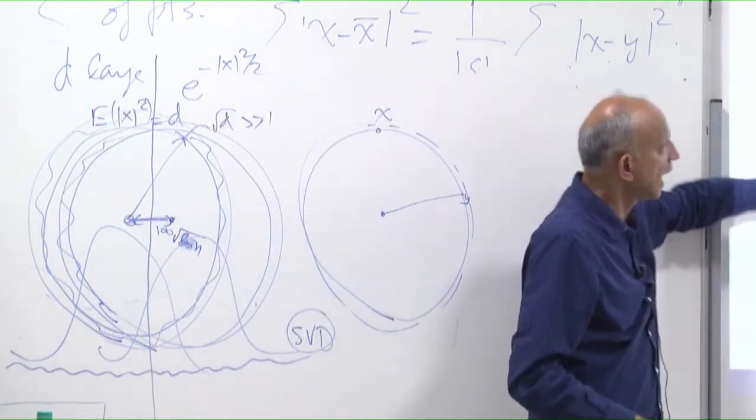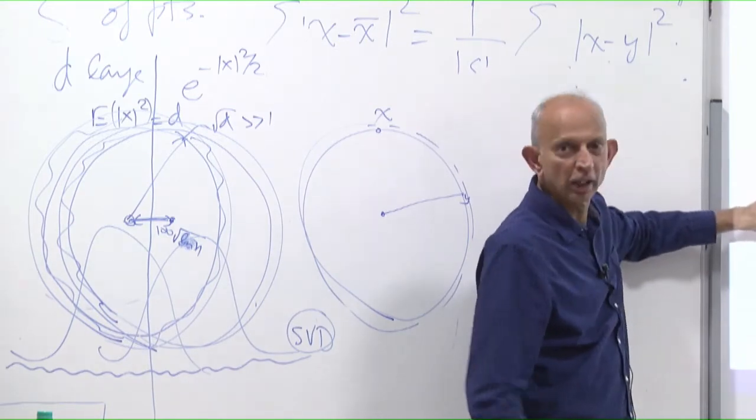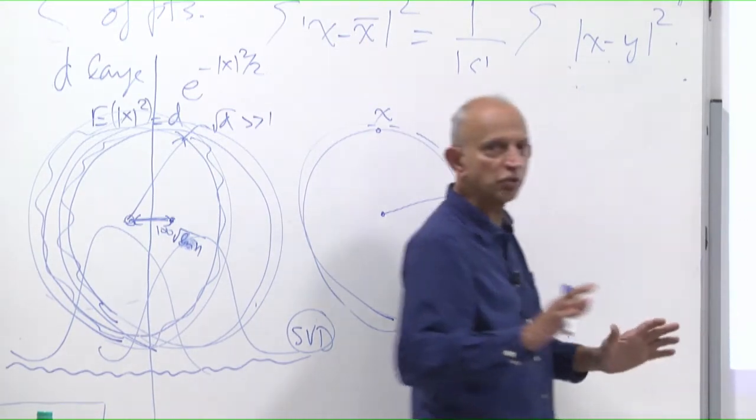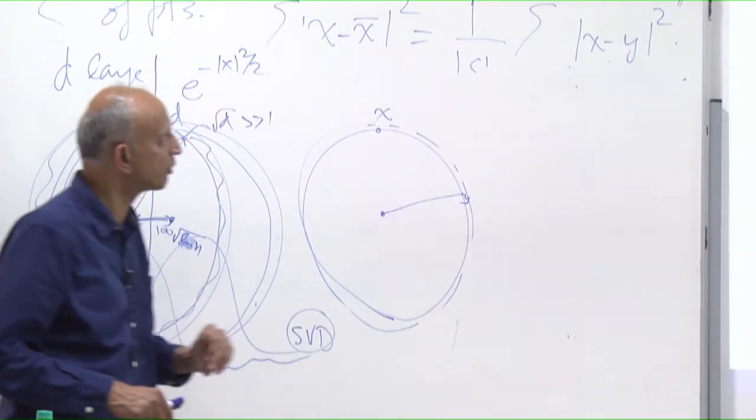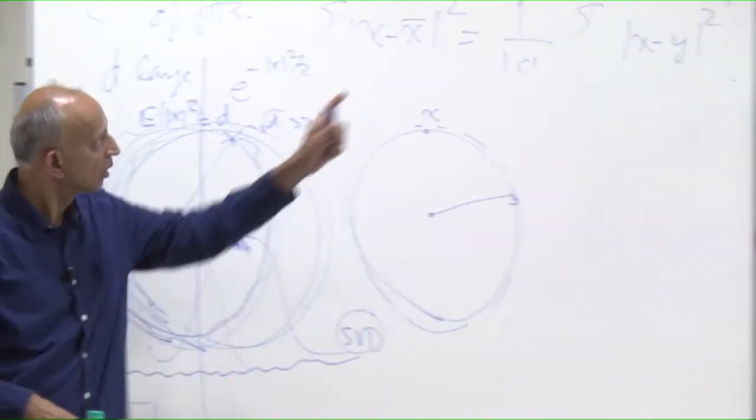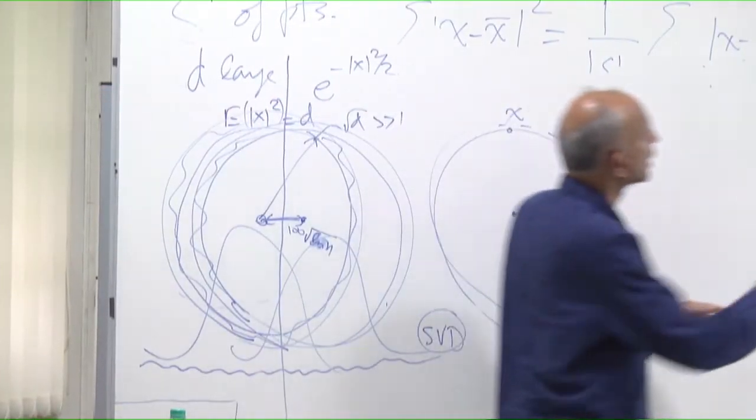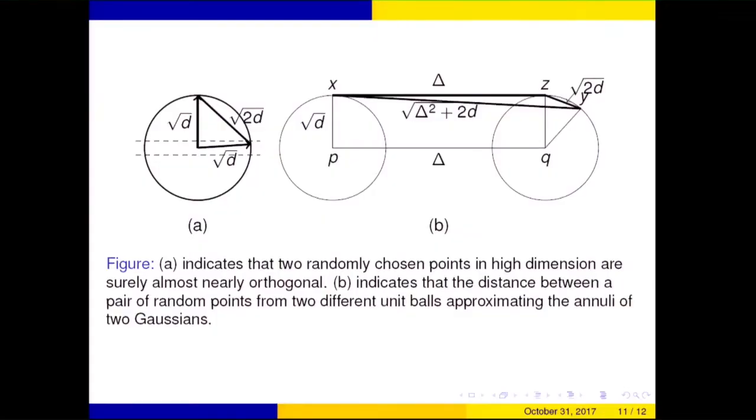So the picture looks like that, and they're almost or nearly orthogonal. We've seen a proof of that. In this picture, this is the distance between them. Because they are almost orthogonal, each at a distance root d from the origin, the distance is square root of 2 times square root of d.